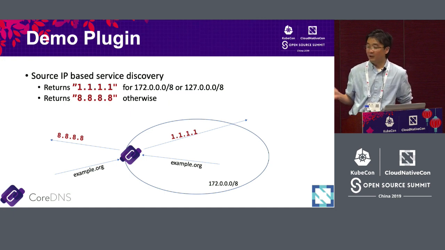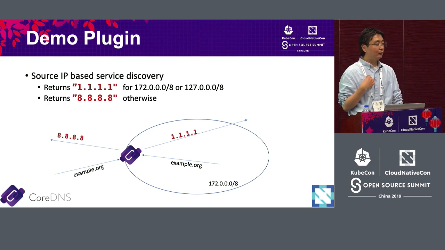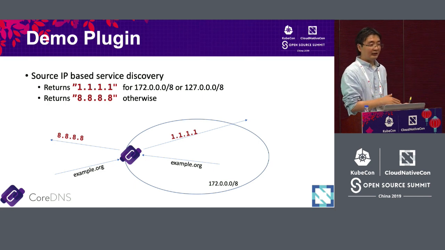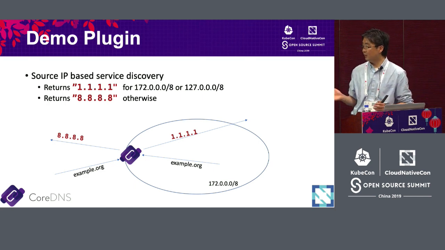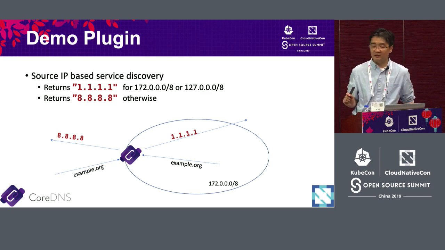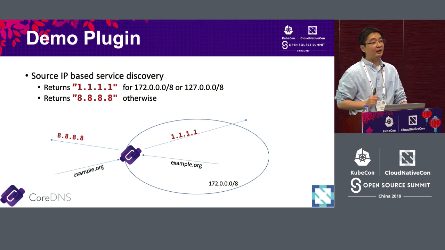Let's say you have a cluster, and your cluster has internal IPs and external IPs. Of course, when some node tries to contact your service, it might be outside of the cluster. It might also be inside the cluster. If it's outside of the cluster, it might contact the endpoint that's actually going to the public IP.